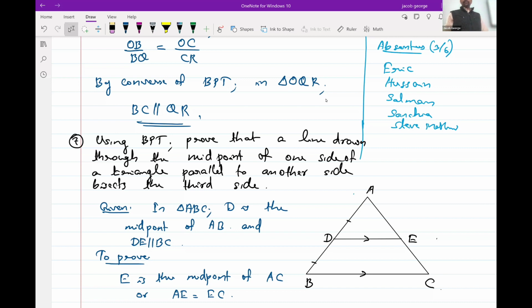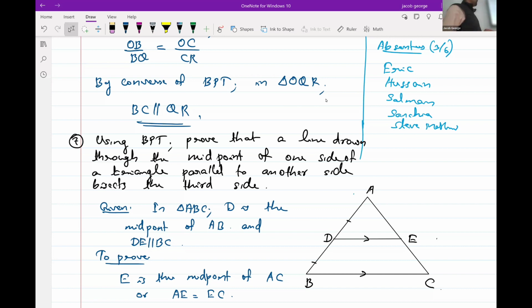Okay. Then we have to prove that. What do you have to prove here? To prove E is the midpoint of AC. Yes. Did you write? So this is the procedure for this question.